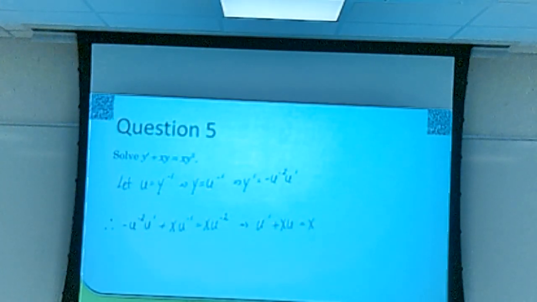So what is our integrating factor here? E to the integral of x dx. What is that antiderivative? E to the x squared over 2. That's the integrating factor.